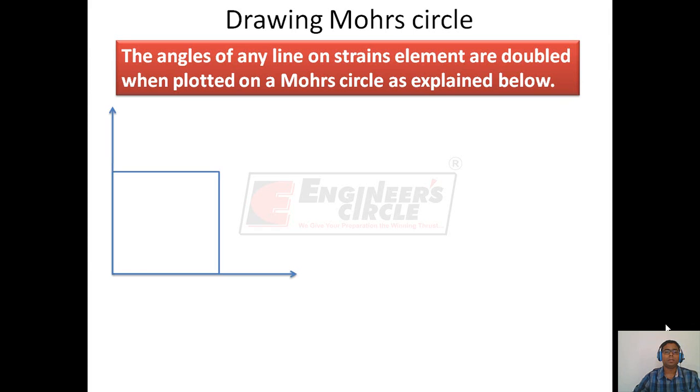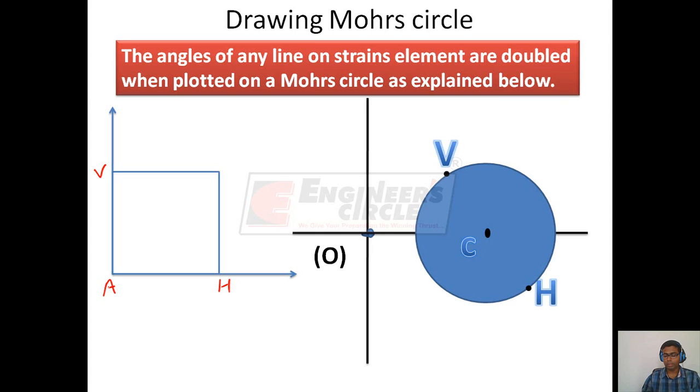Consider this element at point A. This is the x direction, AH is horizontal and AV is the vertical direction. If the strains along AH and AV are given, then we can draw the Mohr's circle for the strain state at point A like this, where this point H represents horizontal direction and V represents vertical direction.